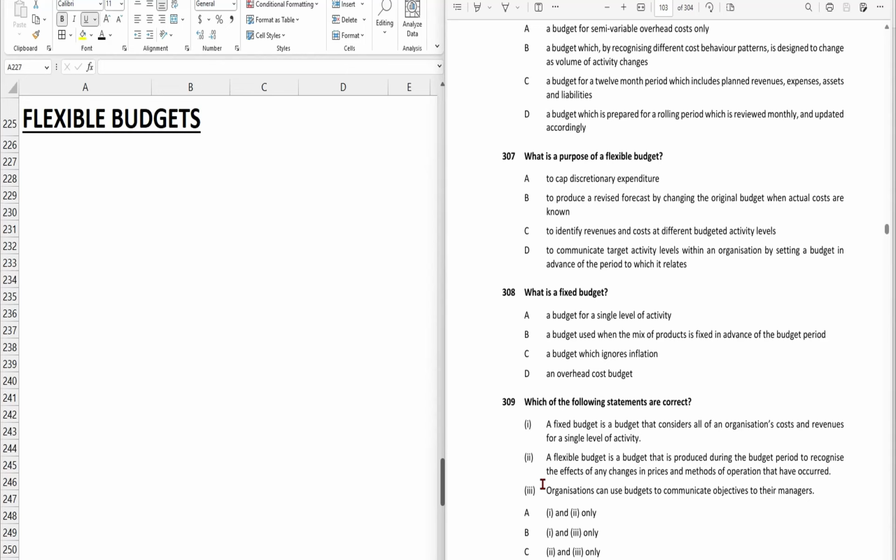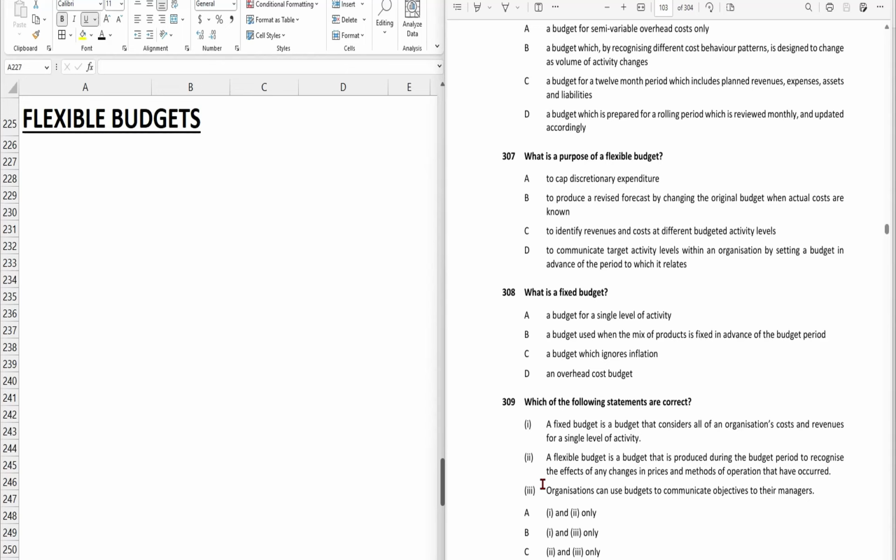No, this sounds like controlling spending on non-essential items, right? This is more related to budgetary control, or you can say cost control, but not specifically to the flexible budget. The flexible budget focuses on flexing the cost and revenue to the change in the activity level, not just capping the cost.